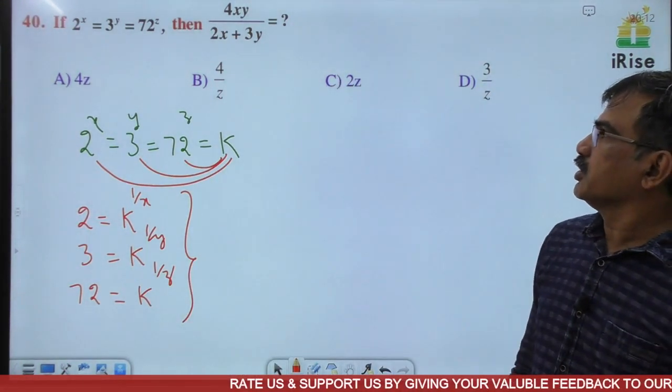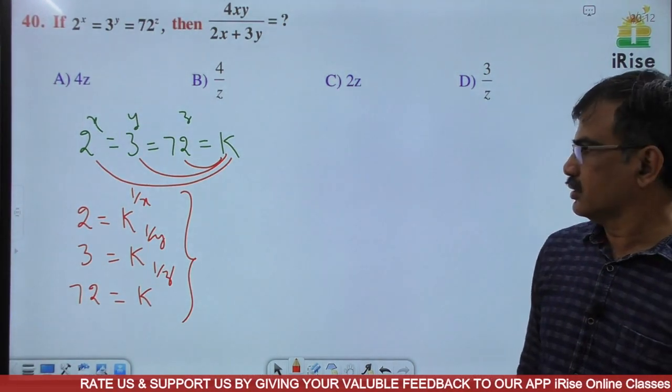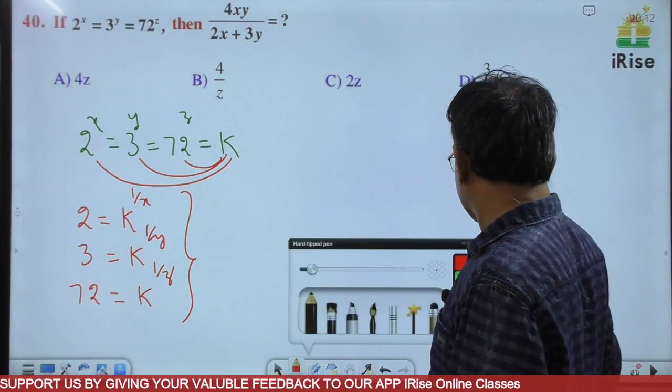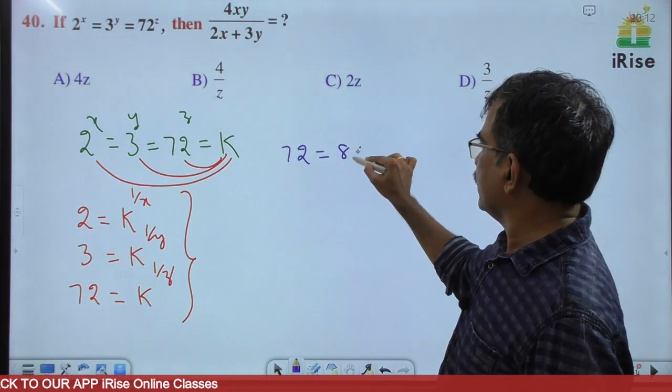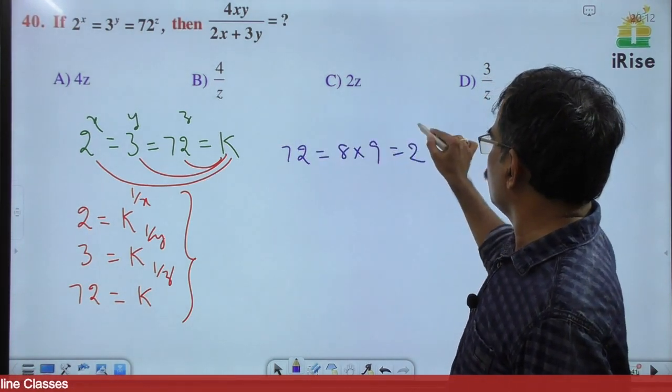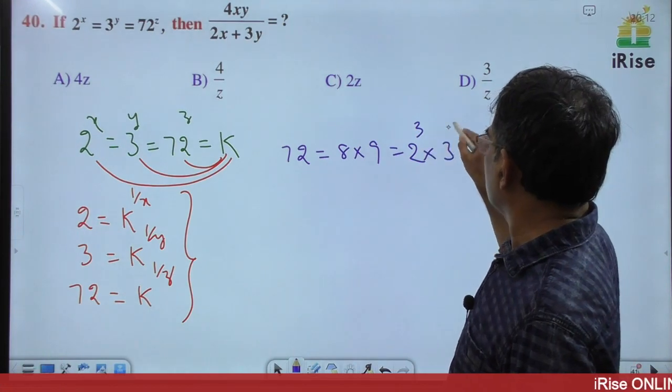Then what is the relation between x, y, z? Here this 72 can be written as 8 into 9, nothing but 2 cube into 3 square.